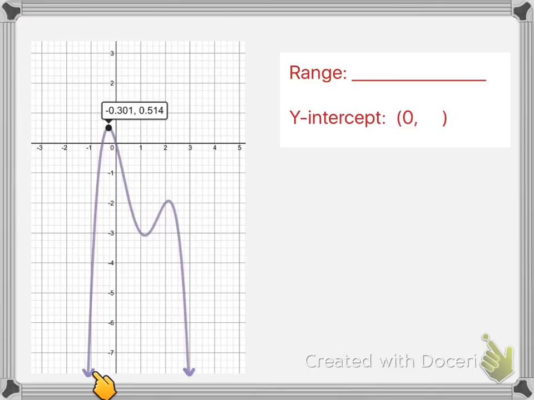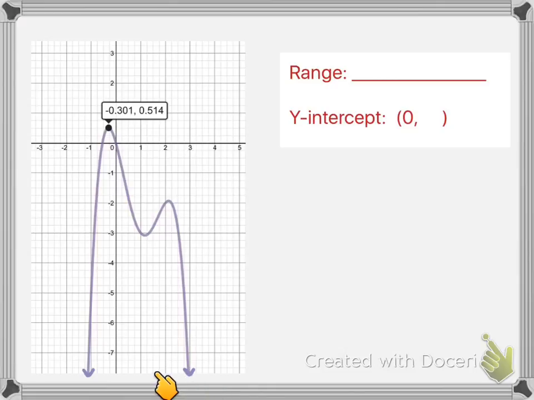Again, you want to start at the bottom of the graph when you're considering range, because range means your possible outputs, your y values. So I'm going to start down here at the bottom. It's going to shoot down forever, going towards -infinity. And then it is going to come up here, change directions, come down, and go down forever again towards -infinity.